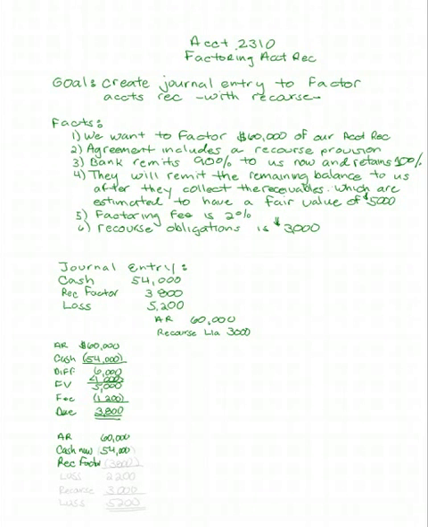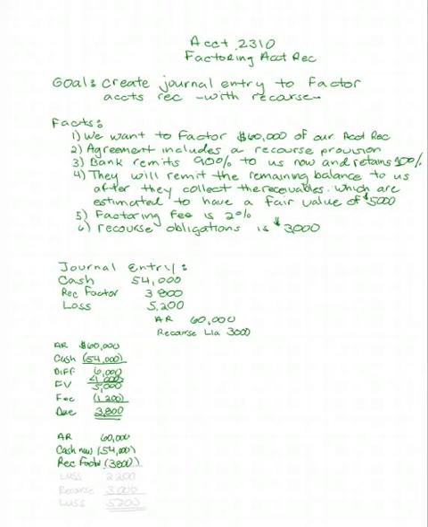They're going to send us a check after they've collected in the amount of $3,800. We're also at risk of losing another $3,000. So let's see where we are first right here.